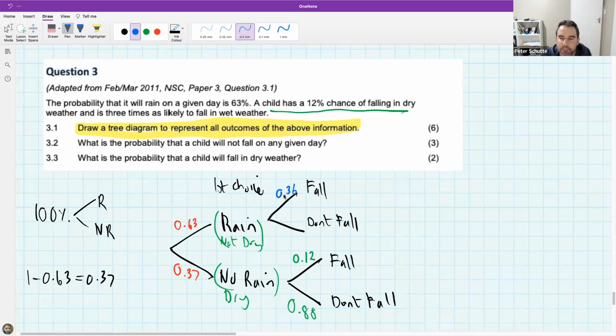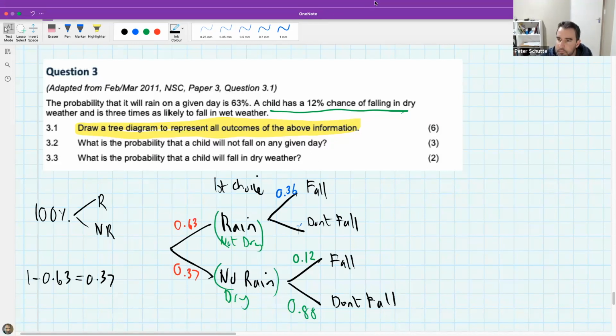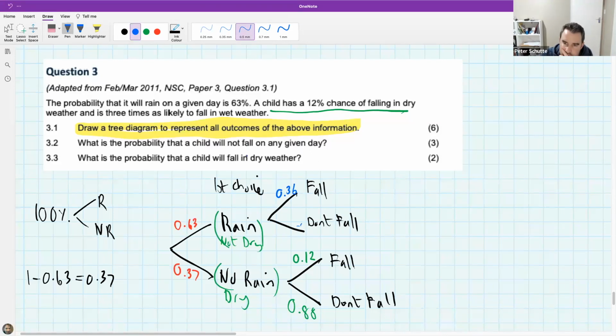Yeah. And then what is the probability that you will not fall in rainy weather? So this is going to be 0.64. Okay.